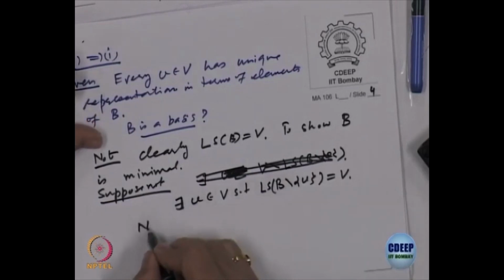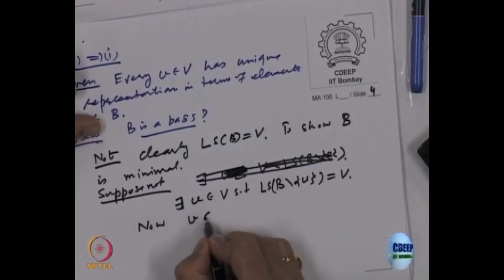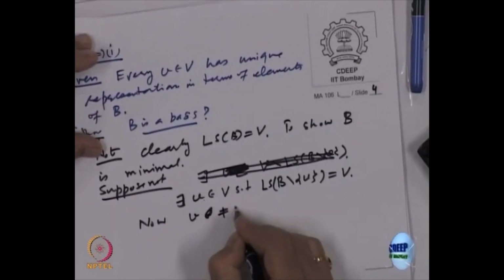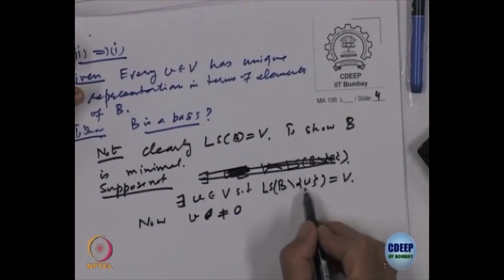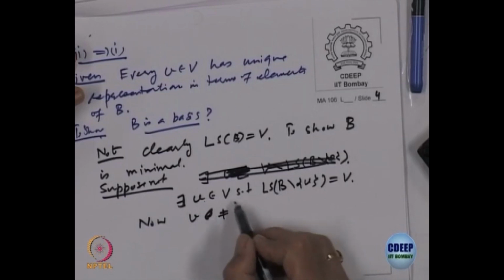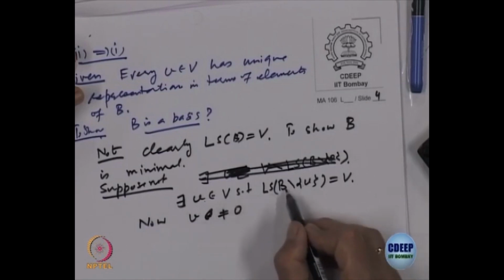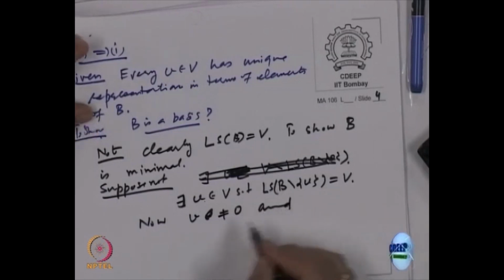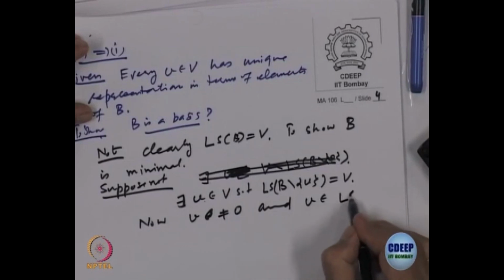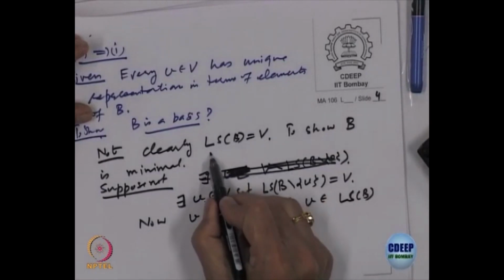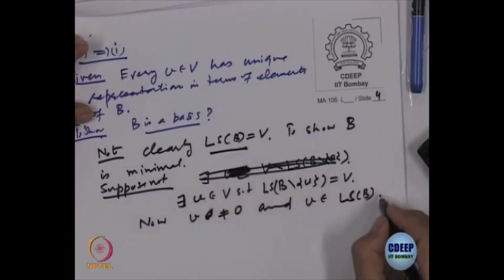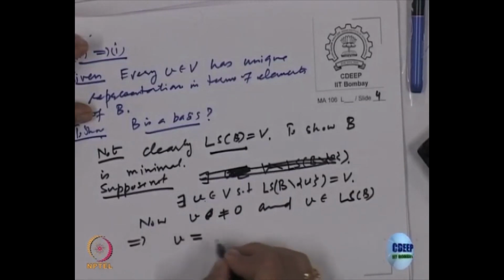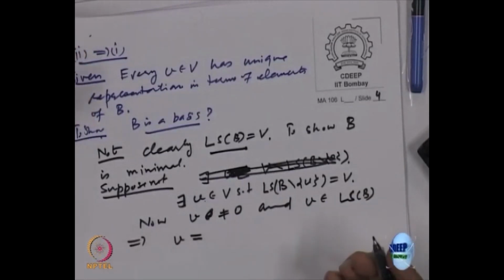Okay. So, now look at this vector V, this V is not equal to 0 first of all. Why is it not 0? Because V is removed from B, and B did not contain 0. If it is 0, nothing is removed then. So, it is not 0 and V belongs to the linear span of B, right, implying V should be a linear combination of something.